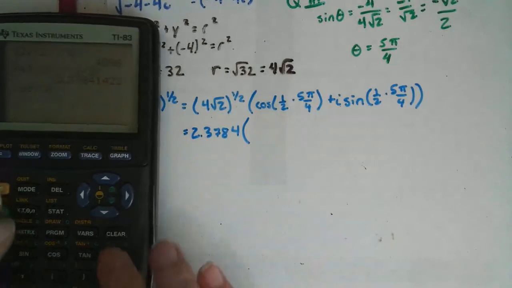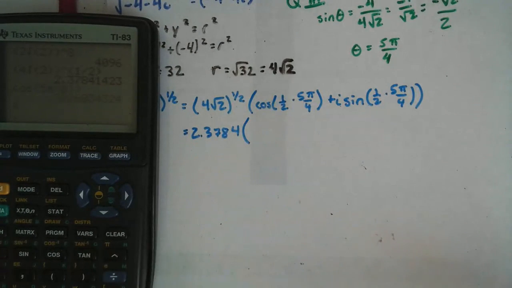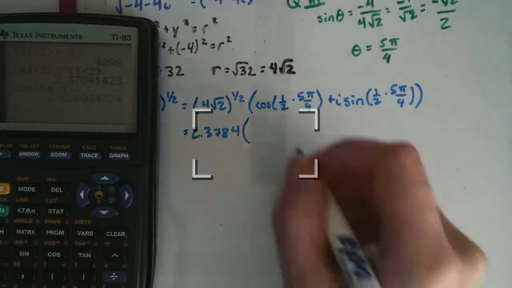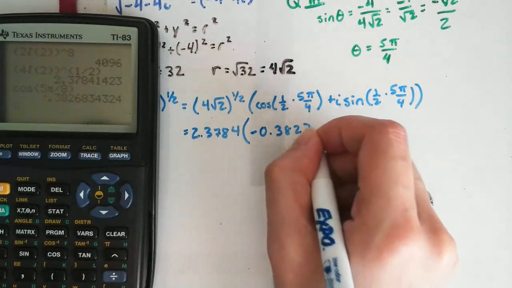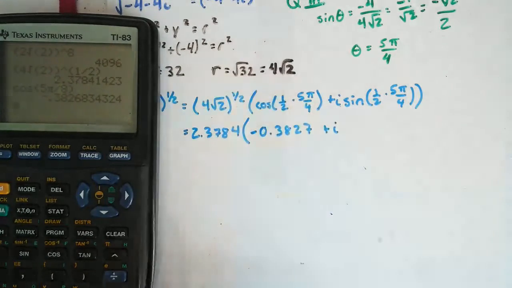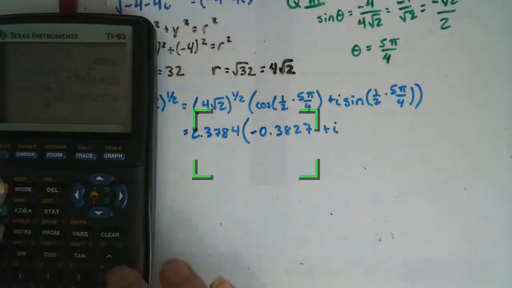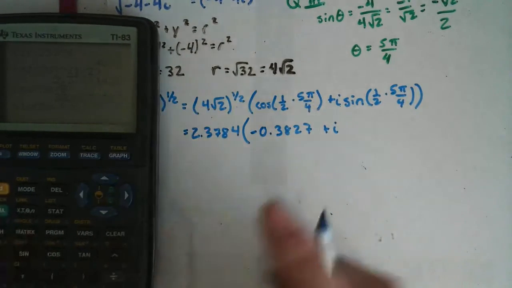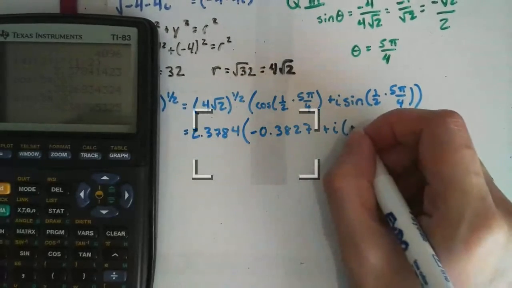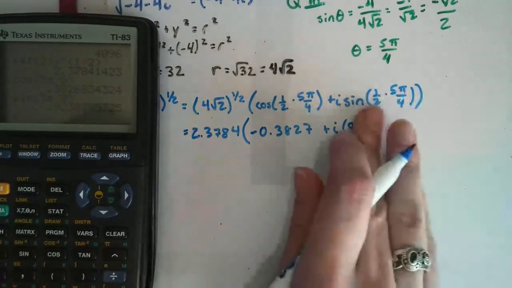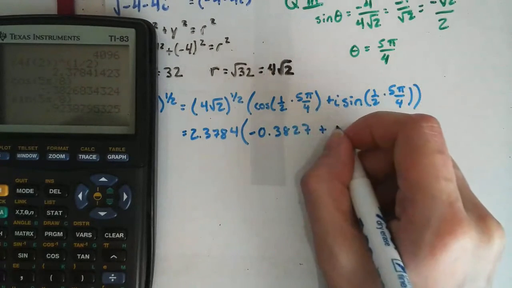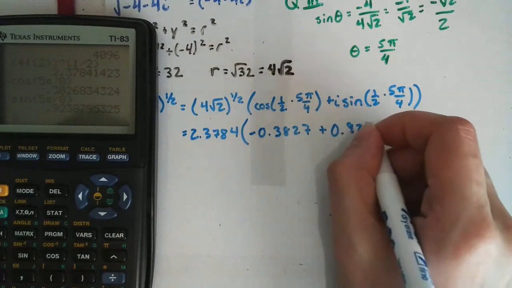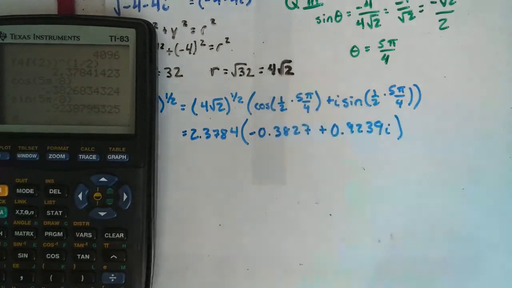That's 5 pi over 8. The cosine of 5 pi over 8 is negative 0.3827, plus i times the sine of 5 pi over 8, which is 0.9239i. I have i times this value, so I'm going to write the value first.